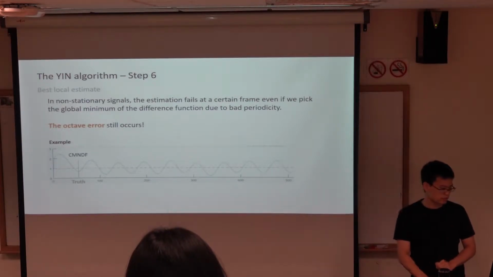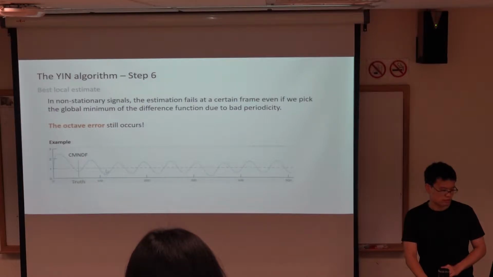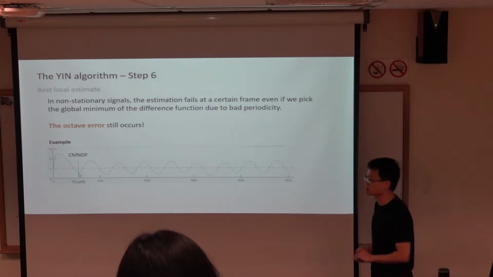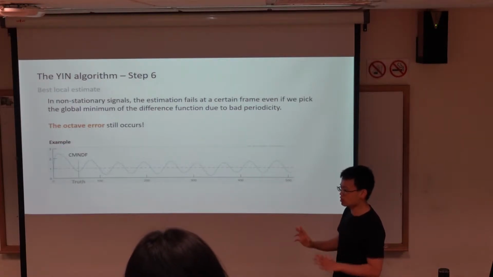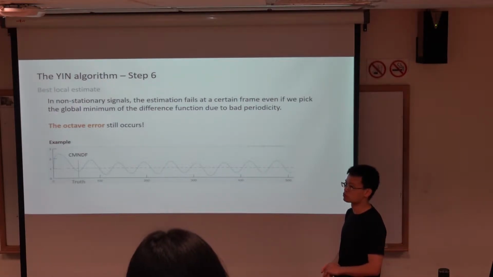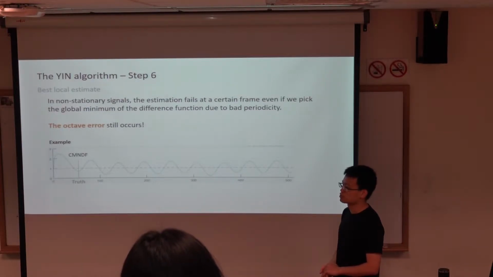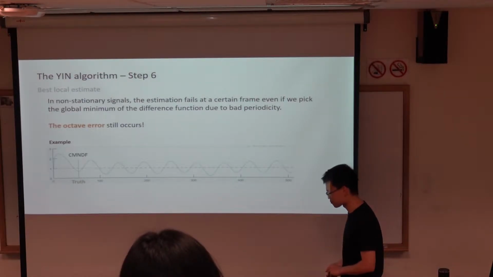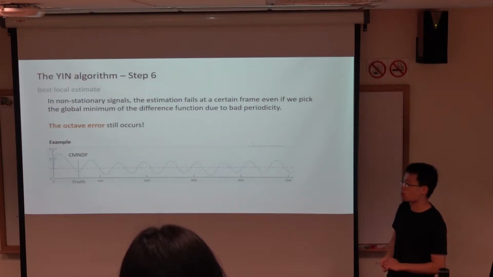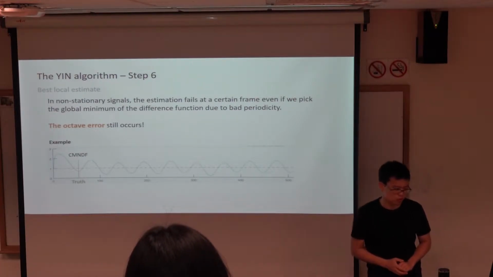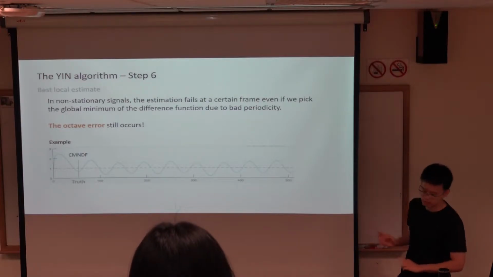That means you mistakenly choose this value over this, because this is 2 times this. So the frequency you calculated through the wrong period will be an octave away from the real period. So people call this octave error. And for decreasing the octave error, people use this method.